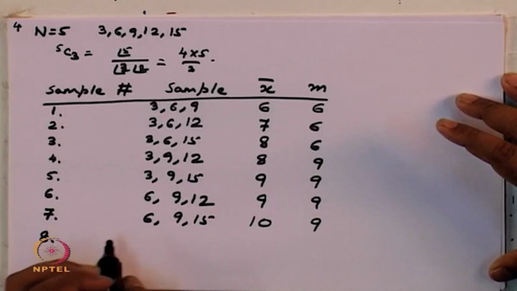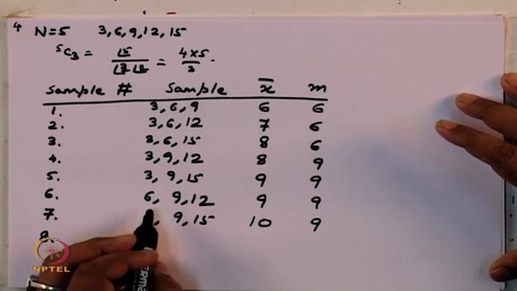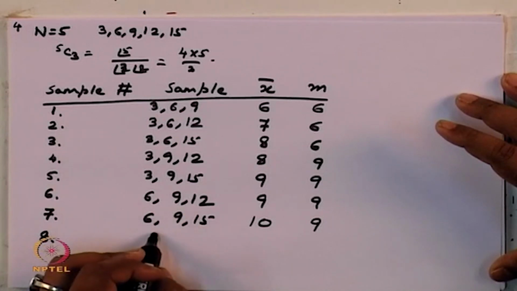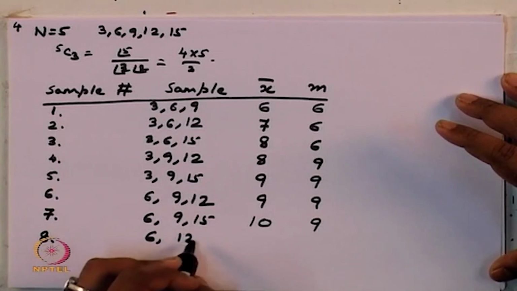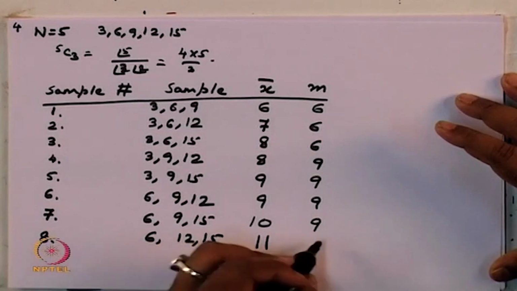Okay. You have 6, 9, 12, 6, 9, 15, 6, 12, 15. So, in this case 21 and 12, 15 and 6, 21 and 12, 33, 11 and 12.